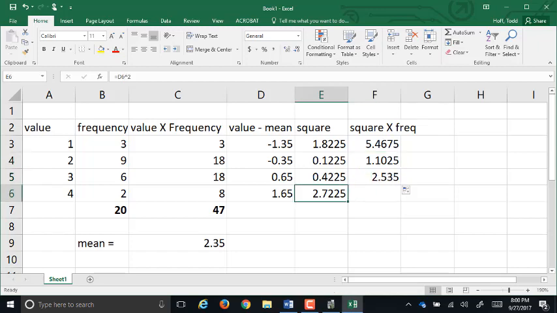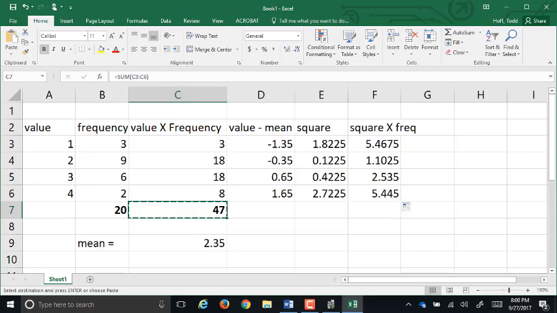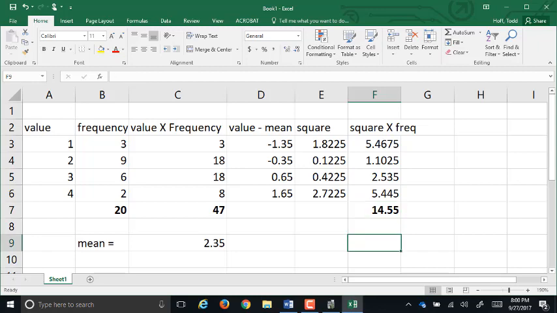I take the 2.7225 times its frequency of 2, 5.445. That's what I have to add up. I add them up to get 14.55.